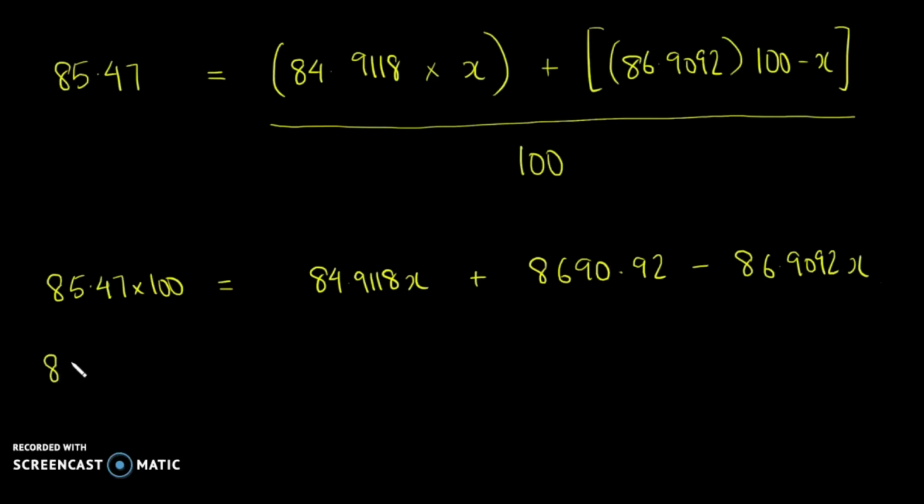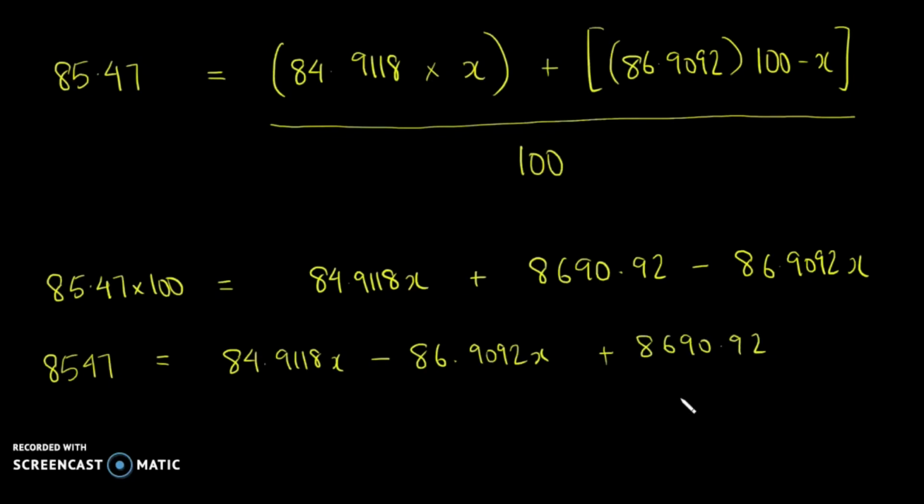So we get 8547 equals 84.9118x minus 86.9092x plus 8690.92.